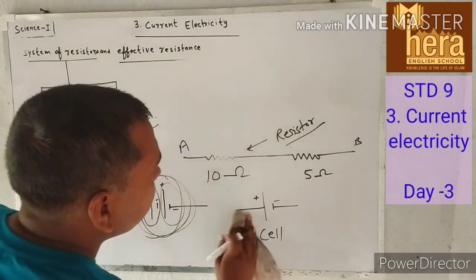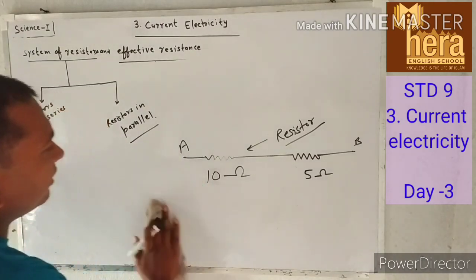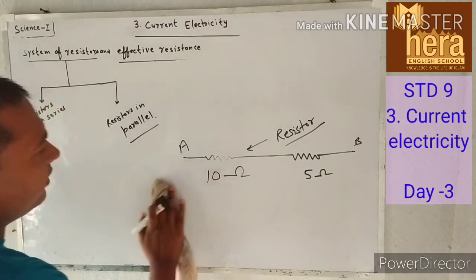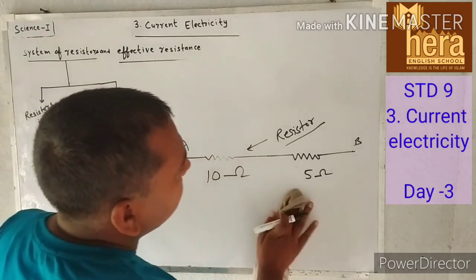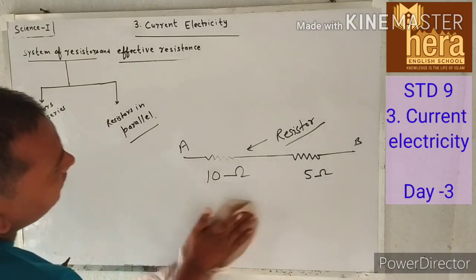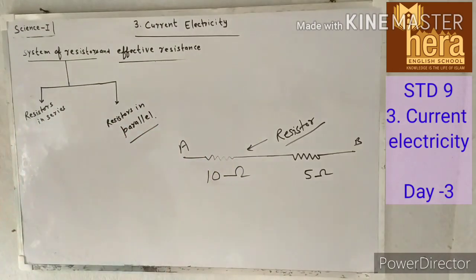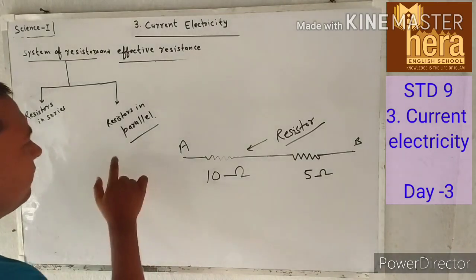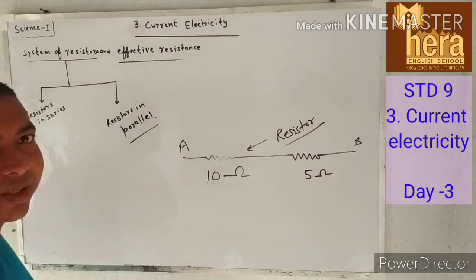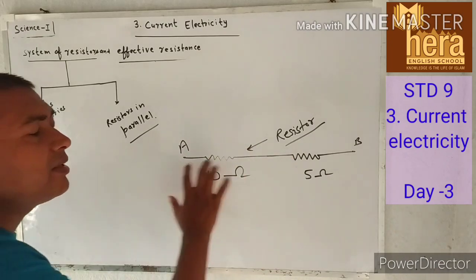I will define resistors in series as well as resistors connected in parallel. Just a second, I will give the example of resistors in parallel later. There may be three resistors connected in series.